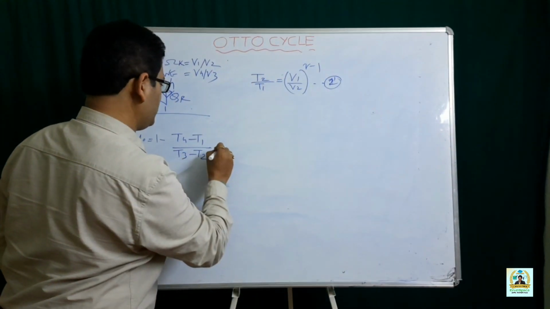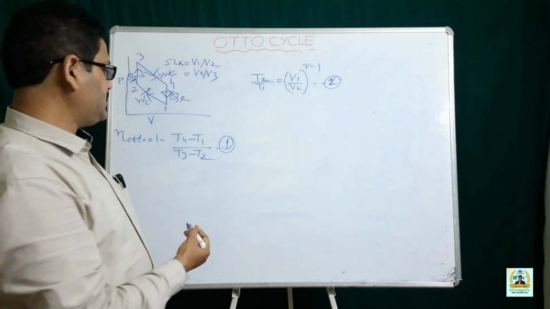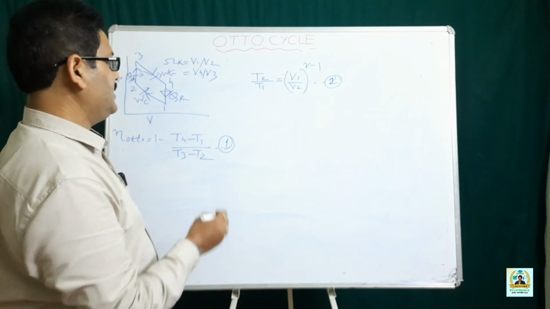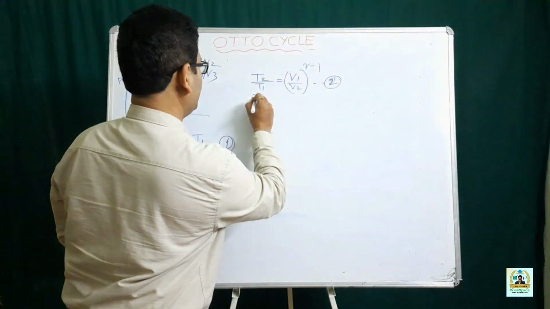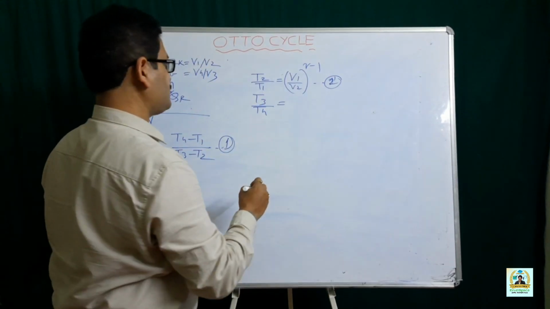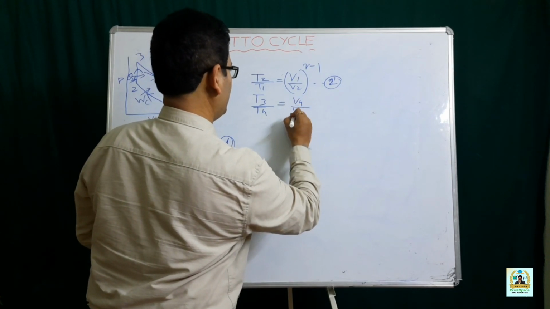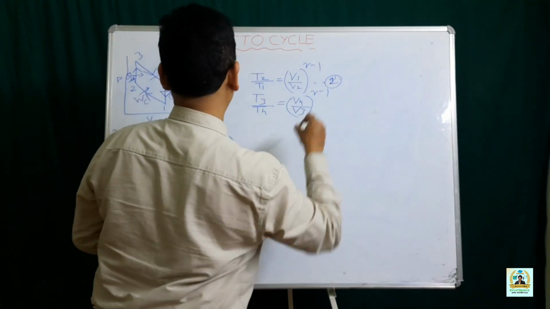You can consider this to be equation 1, that is the expression for air standard efficiency in terms of temperatures at cardinal points. Now, for isentropic process 3-4, T3 by T4 is equal to (V4 by V3) to the power gamma minus 1.